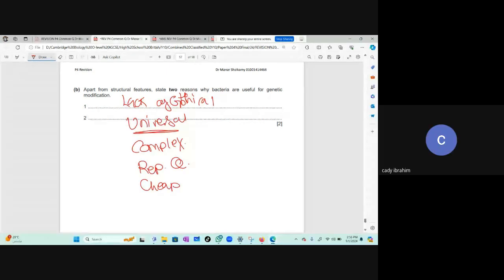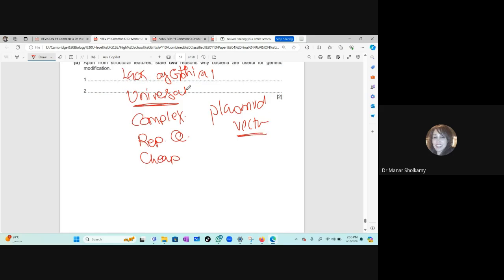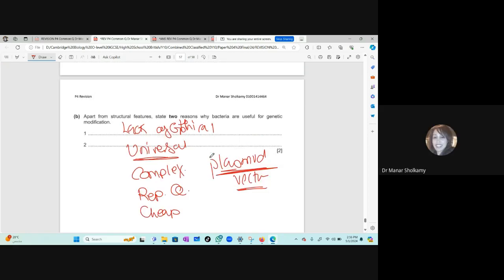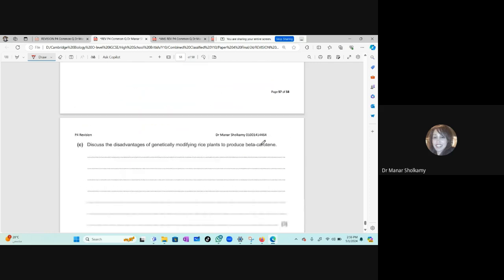Yes, the plasmid. Can you please put up your voice? Yes, they have a plasmid, and this plasmid acts as a vector, like a transport medium. It will transport the gene from one organism to another. Okay, easy to store. Yes, the plasmid is considered a structural feature? Yes, it's a feature inside the bacteria. Of course it is.